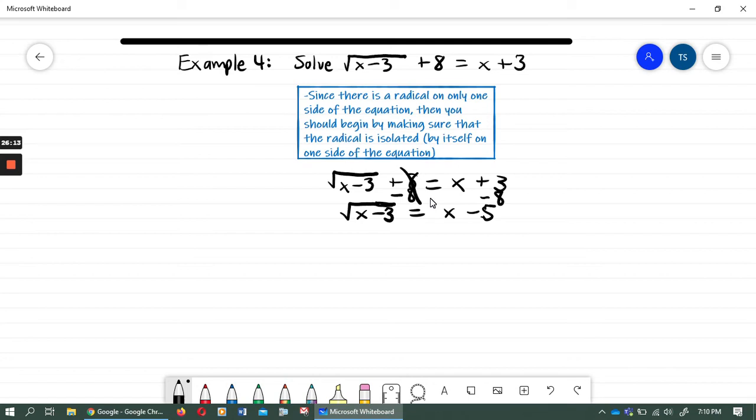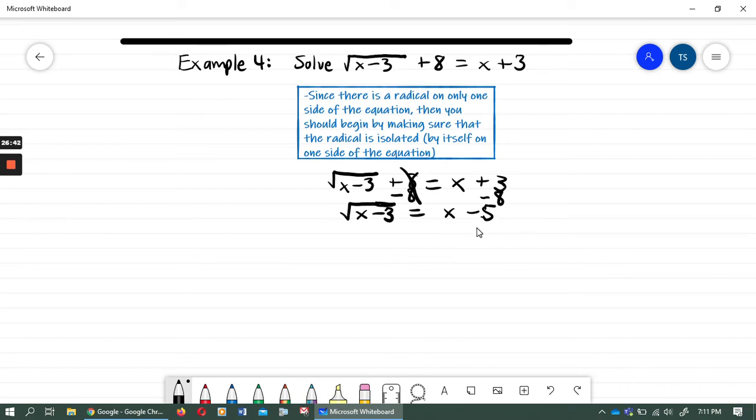And so guys, from here, again, it's pretty much the same way as what we did in example 1 and 2. But even though we're going to square both sides of the equation, you're going to see here that when we square the right side of this equation, this is going to wind up being a quadratic equation.